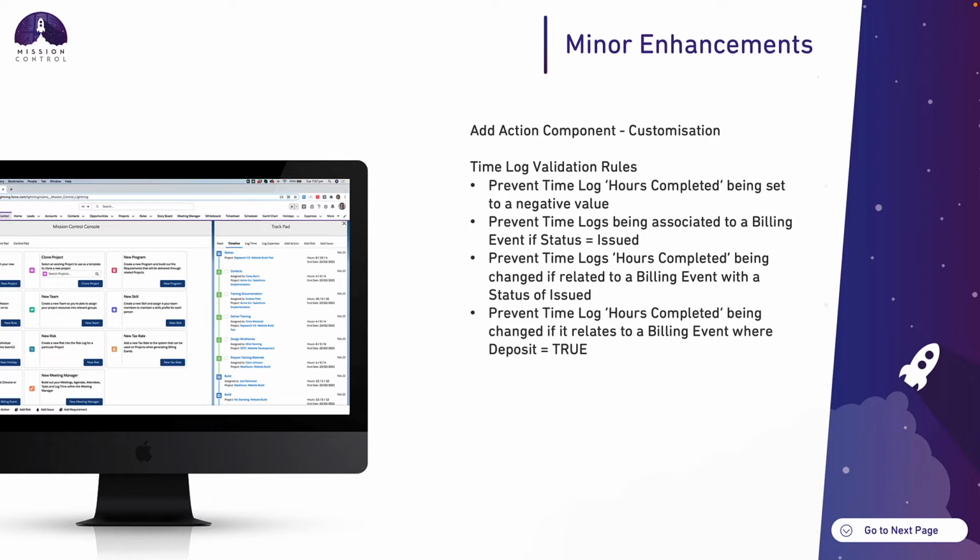Another one, you can prevent the time log hours completed value being changed if it relates to a billing event that's already been issued. And to support the new billing type that we're adding in, you can prevent a time log hours completed from being changed if it relates to a billing event where the deposit field equals true.